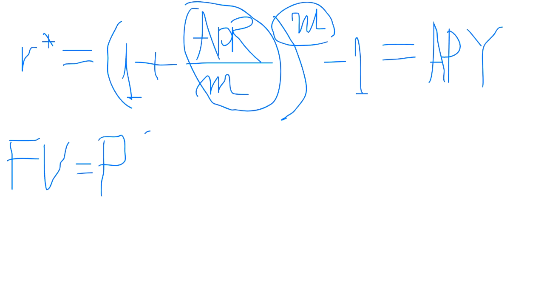In continuous compounding, we can do it like that, but the result would be that we'll have to use Euler's number. So we multiply it by Euler's number raised to APR times T.